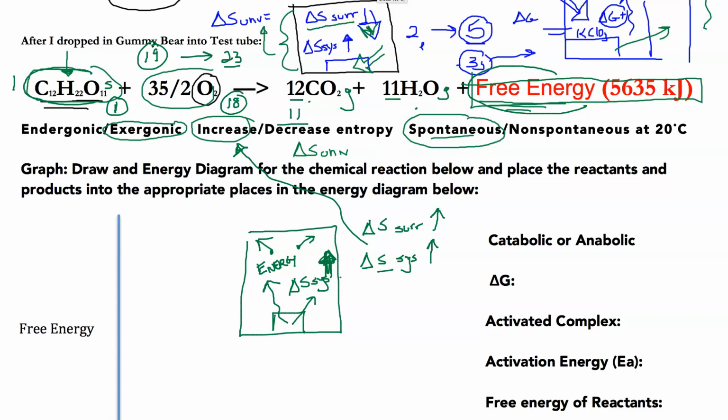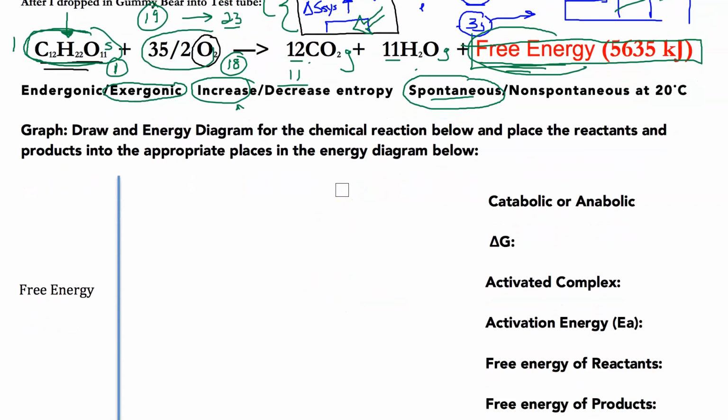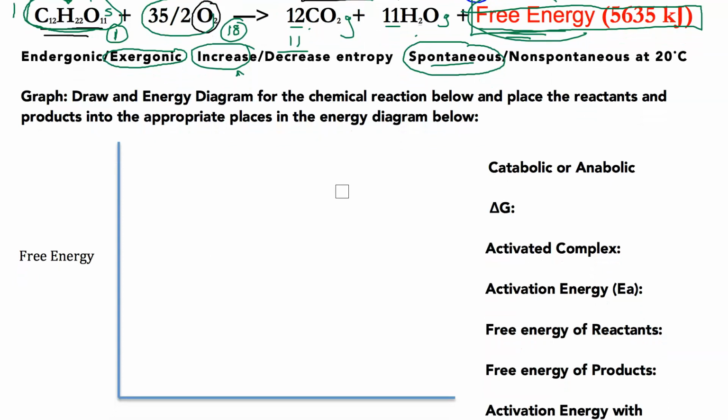In any case, I'm going to get rid of this, and we want to plot these changes, because one of your skills for your form that you're going to do this weekend is to plot the changes that occur in an energy diagram that uses free energy. This is new, but it's not very hard. So let's start. We always start with the free energy of what you start with and what you're going to get.